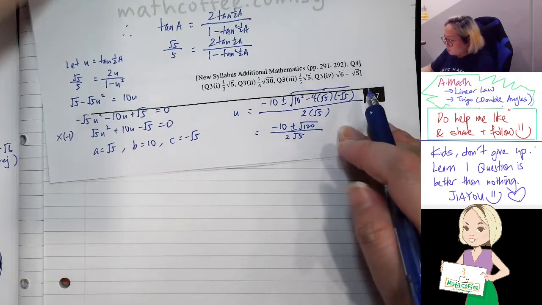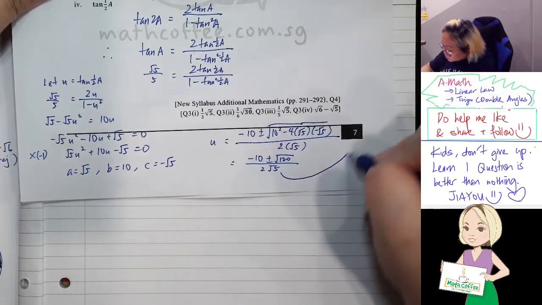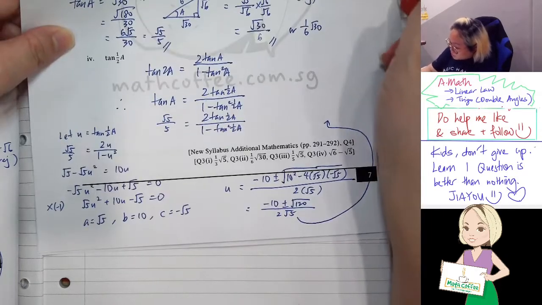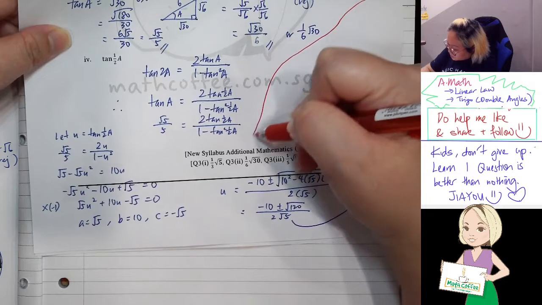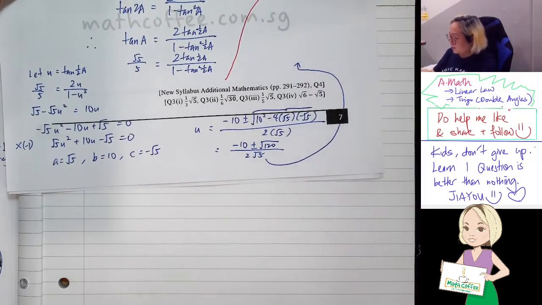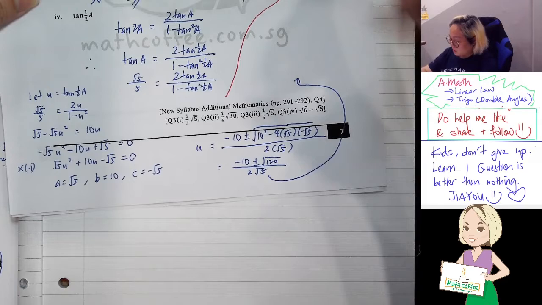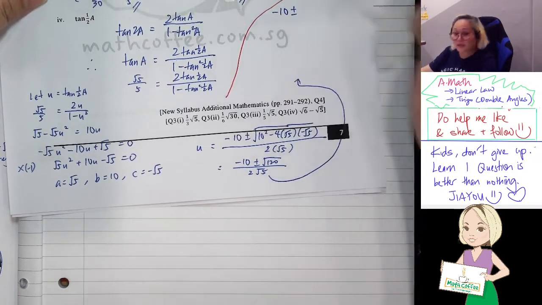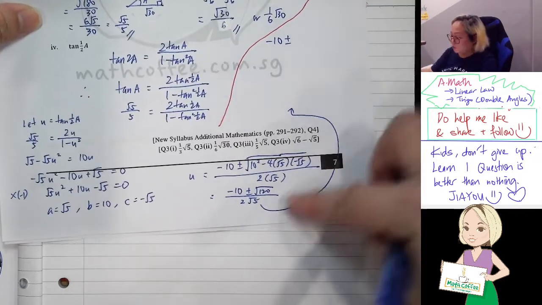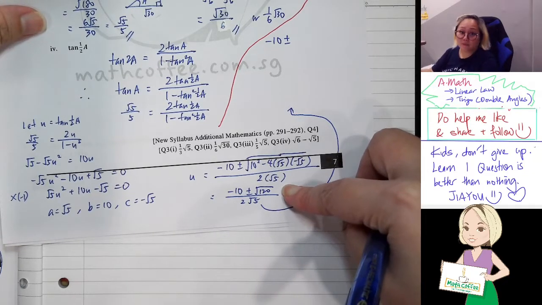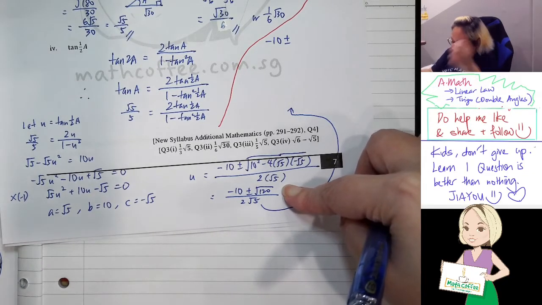So I move it here, I squeeze it here, and then I'm going to use the red pen. So how do you simplify this part? Minus 10 plus minus the square root 120, you will break it up to become 4 times 30.